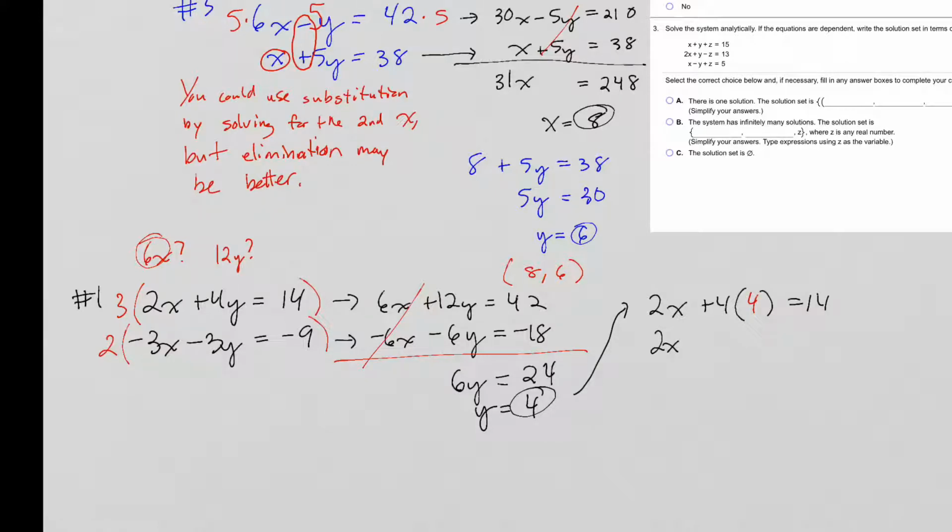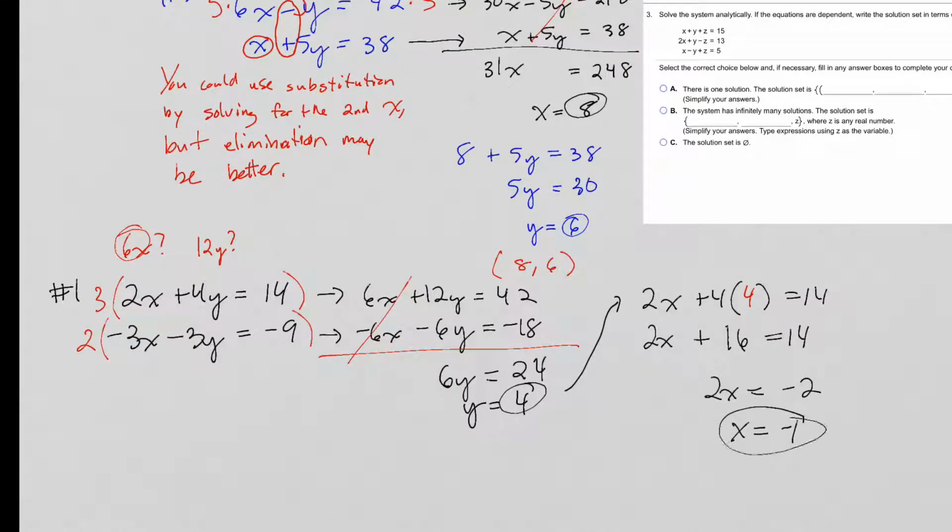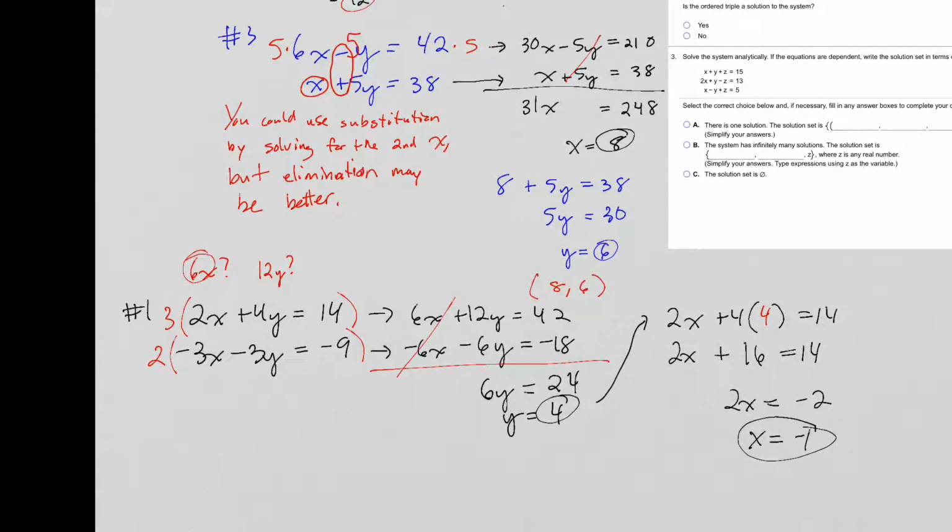So 2x plus 16 equals 14. Subtract 16 from both sides. Get negative 2, and x is negative 1. So our final answer for the point of intersection of the system would be (negative 1, 4).